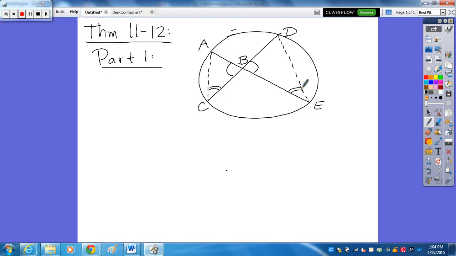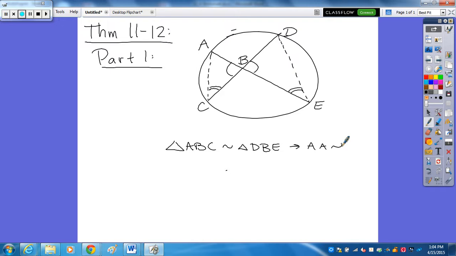As I look at that picture, I see that I have two triangles that are similar by angle-angle. For example, I could write down triangle ABC is similar to triangle DBE by angle-angle similarity.